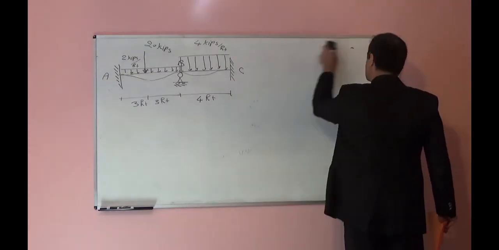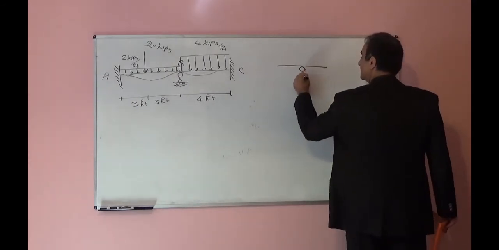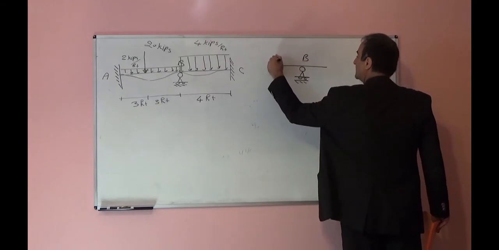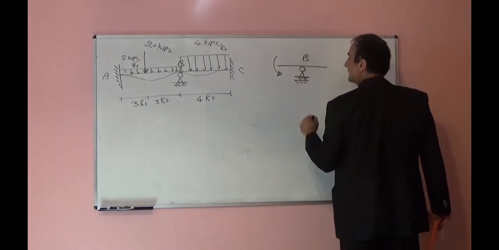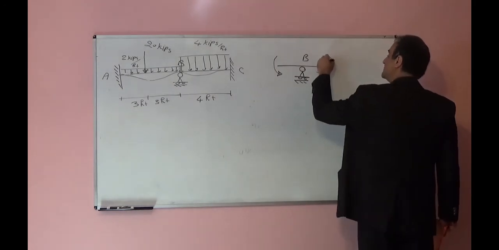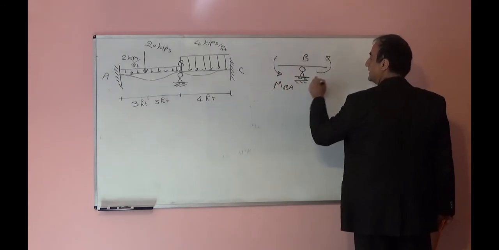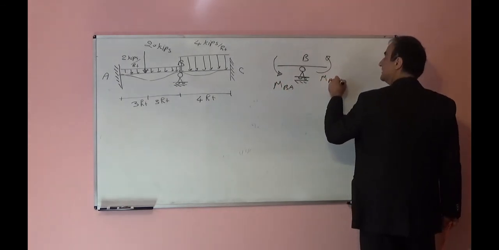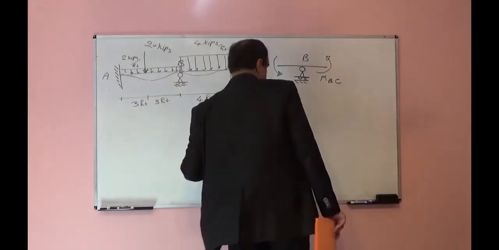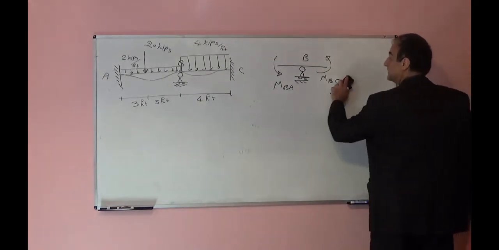If I show the free body diagram over there, this is B. If I cut it, I will have two moments, MBA and MBC. The summation of these two moments should be equal to 0 in order to keep this joint in equilibrium.